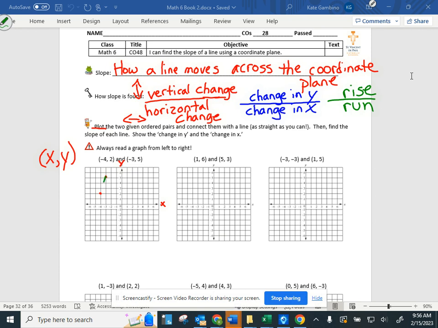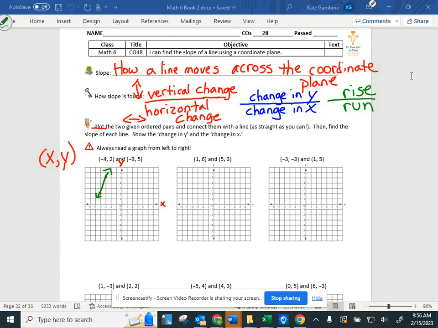I'm not just going to draw from one dot to the other, because that would be a segment. That would be stopping at one end and the other end. This is a line. Remember, lines go on and on and on. So we want to show that this is a line by going a little bit over and putting an arrow, going a little bit over and putting your arrow.